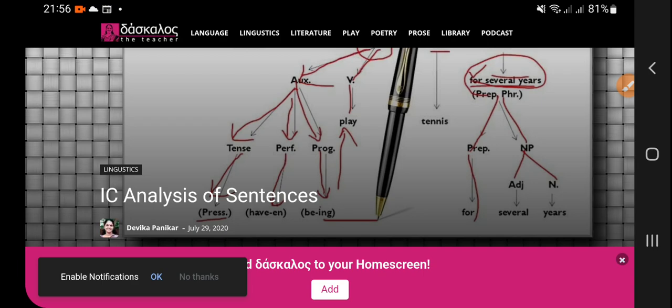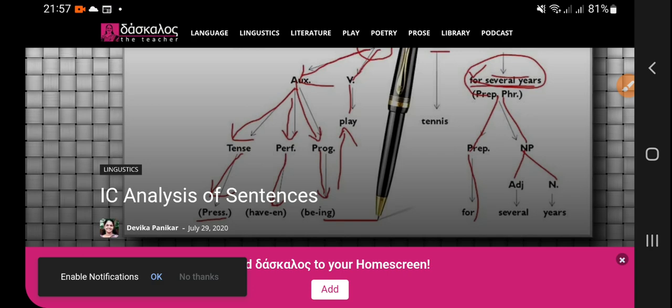And you know that comparison is done with 2 words, than and to. So that is the second form of adjective, which is called comparative, and the third one is called superlative. That's the, right? So that is the best, which is the last limit. Anyway, these are the parts of speech. But yes, we were talking about IC analysis.